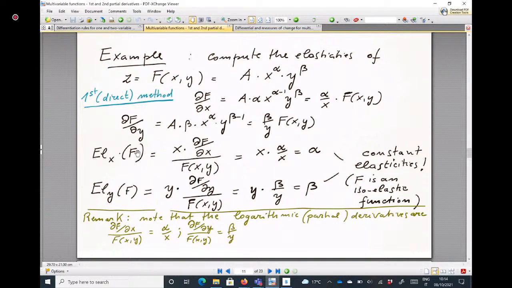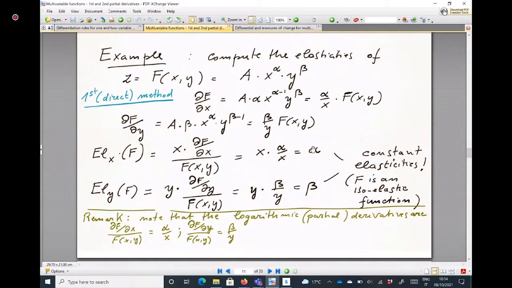If I compute the partial elasticity with respect to x, I take the partial derivative times x divided by the value of the function. And the log derivative is this one already, it is alpha over x, but times x it is alpha. So basically the partial elasticities of a power function are the exponent of the variable for which you're taking the derivative, okay?